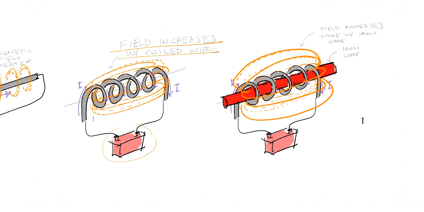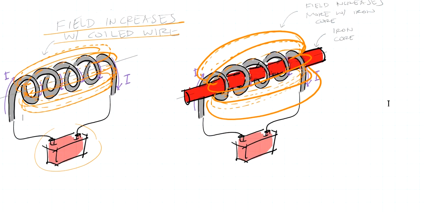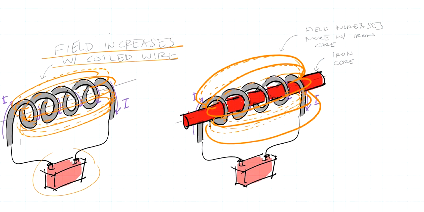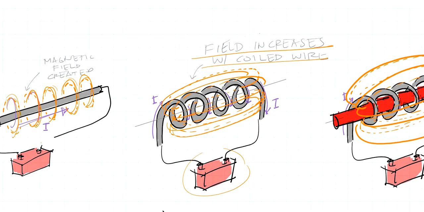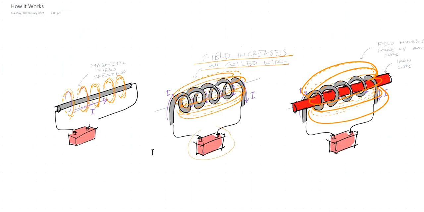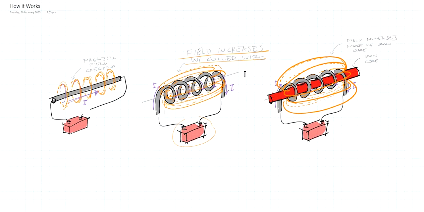And it was also experimented that if we add an iron core or some solid materials, especially this iron core, then the magnetic field increases some more. So that's the basic principle. Because of this flow of current, the magnetic field is created.